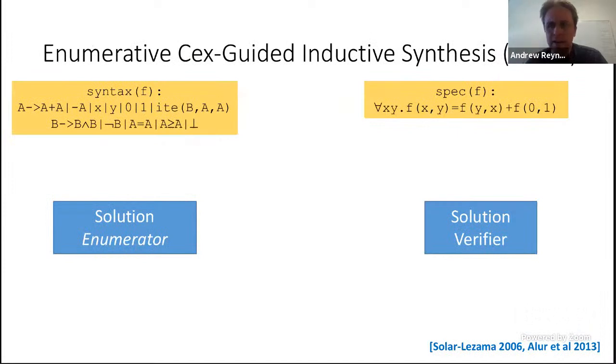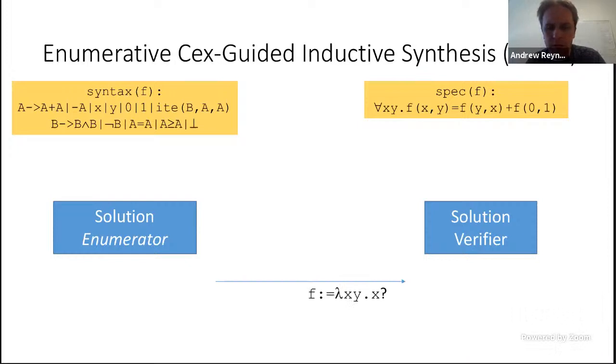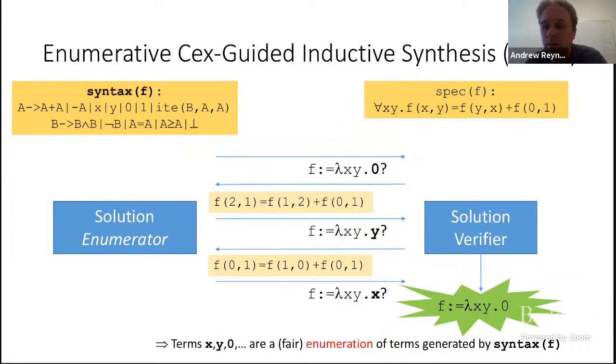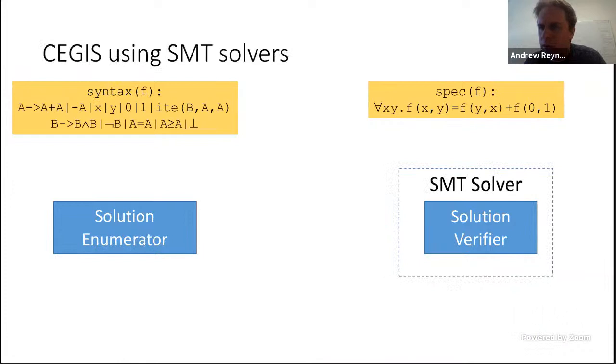I'd like to just go over this standard picture of counterexample-guided inductive synthesis. Given a syntax and a spec, you have a solution enumerator and a solution verifier. The enumerator gives candidate solutions for f, and it enumerates them until the solution verifier is able to find that the given f has no counterexamples with respect to the spec. And the body of these functions is given by the syntax. So it's a pretty common picture.